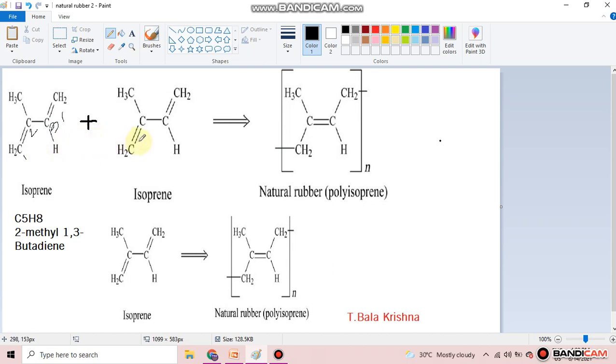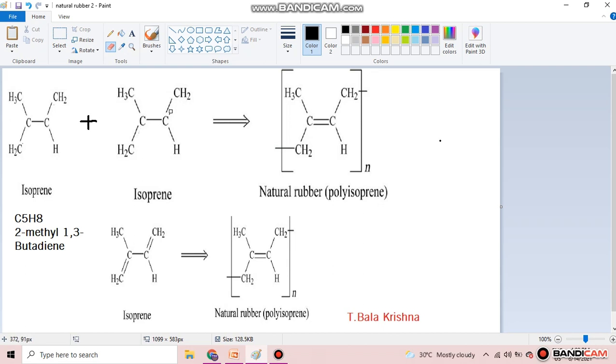Here 2-methyl 1,3 butadienes participate in polymerization. They are naturally formed by the reaction between the monomers, and these monomers combine to form polyisoprene. This is isoprene. When the reaction takes place between these monomers, all the double bonds are converted into single bonds.